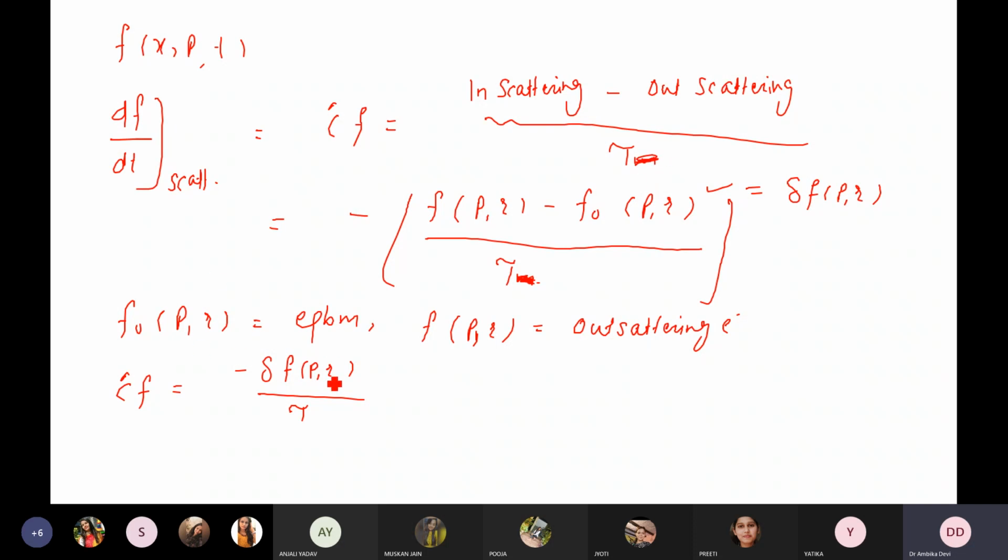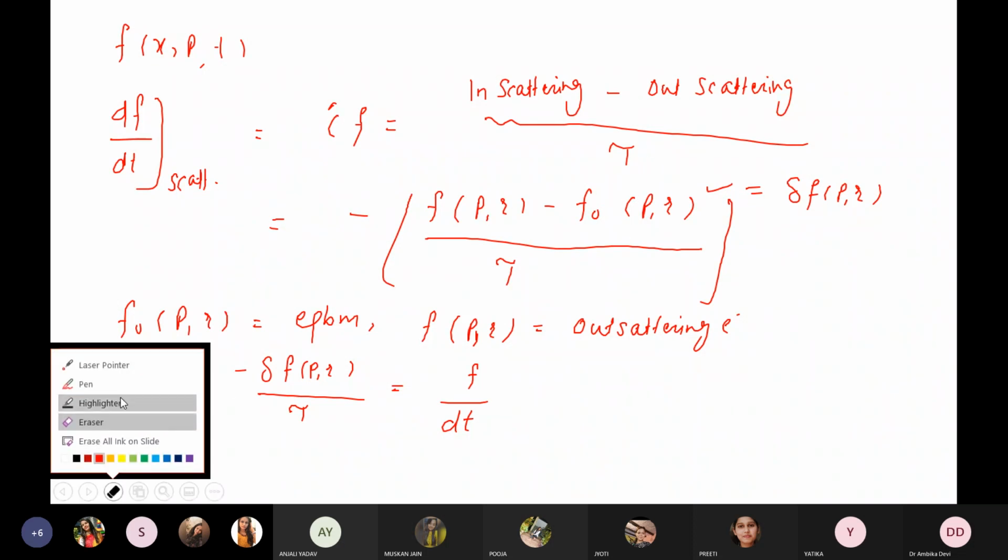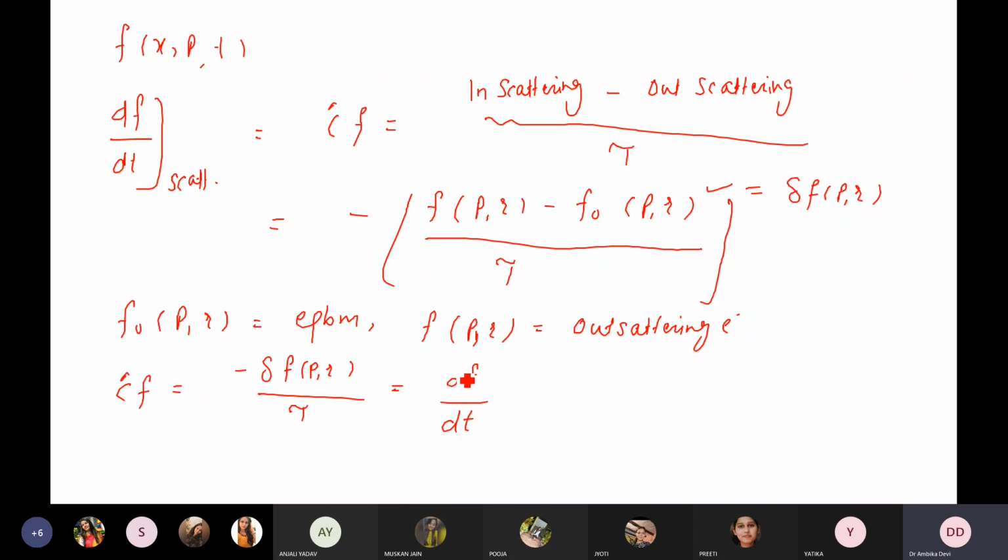This is simply tau. Okay, so this is delta f by tau, relaxation time, which is equal to the rate of change of f, df by dt.